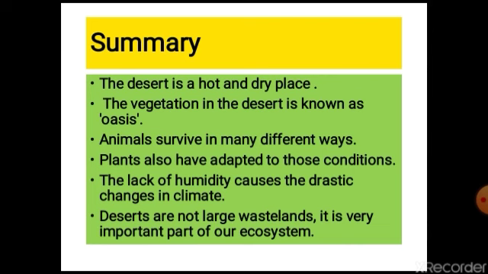Deserts are not large wastelands. They are a very important part of our ecosystem. These are the things that we learned about the desert. If you have access to online sources, you can find out about the different types of deserts and also desert facts.